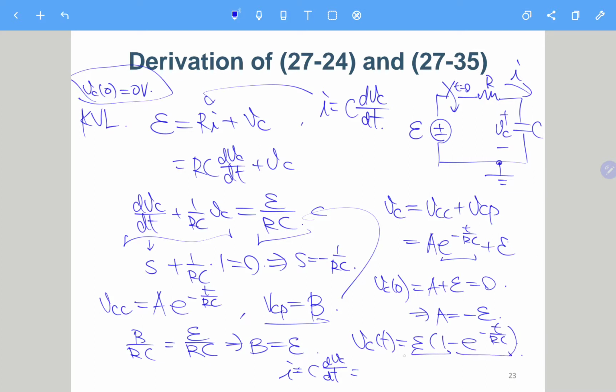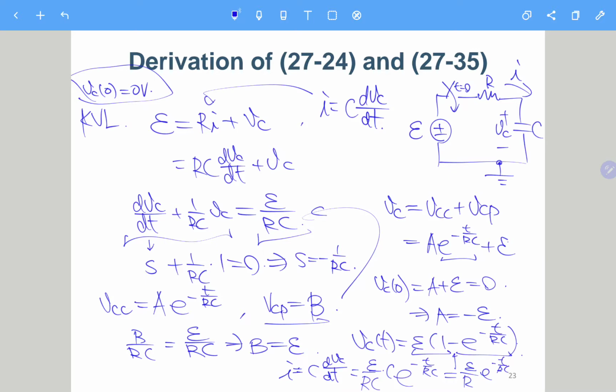Taking the derivative here will give exponential to minus T over RC, and then with the chain rule, we multiply by minus 1 over RC, and this will cancel with the minus sign. So we have E over RC and then times C. So finally we will get E over R exponential to minus T over RC.